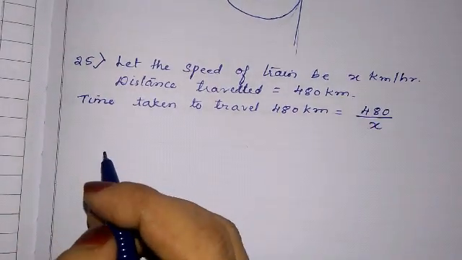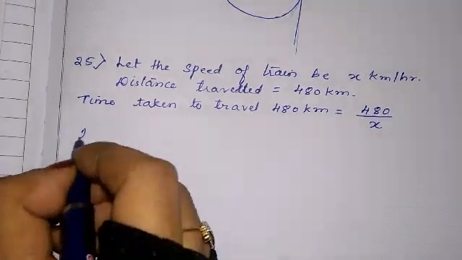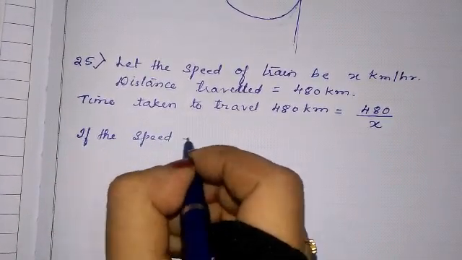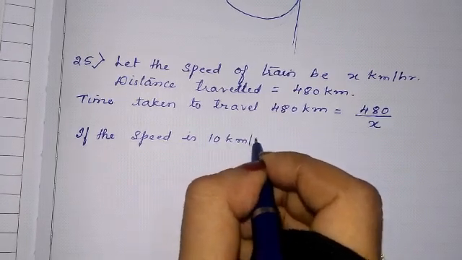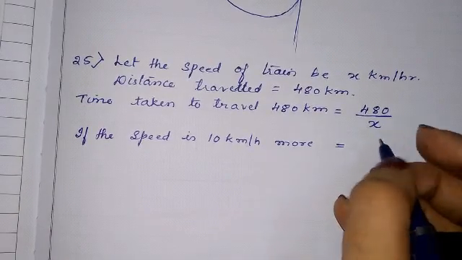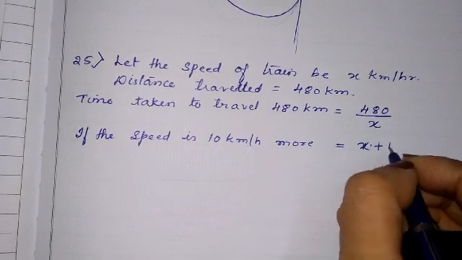But they have told in the question, if the speed had been 10 km per hour more, then the new speed becomes what? 10 plus x, or x plus 10. More they have told.